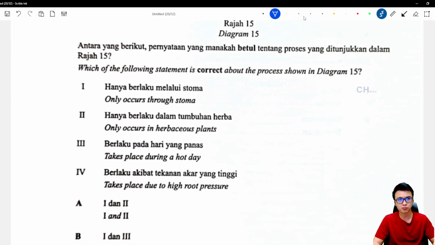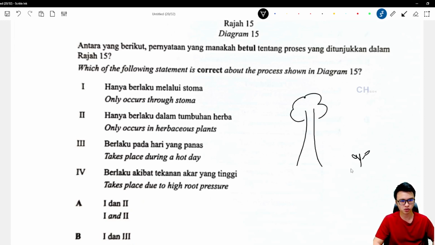The first thing is the plants must be short. Try to imagine this is a tall plant and this is a short plant. They have the roots. So in order for guttation to happen, the water needs to be pushed all the way to the leaf, and force the water out from the hydathodes of the leaf.